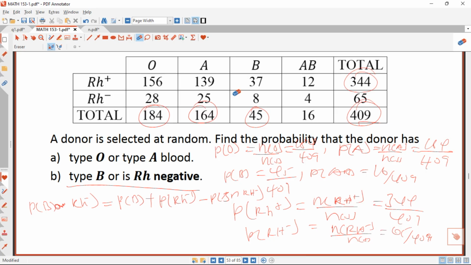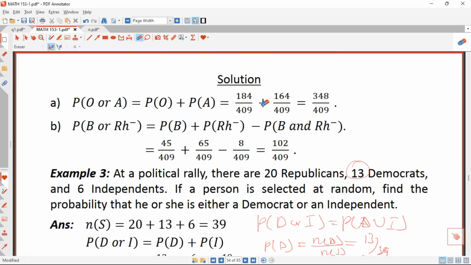So definitely this cannot be a mutually exclusive event, because the probability of B intersect Rh negative is 8. So probability of B or Rh negative can be expressed as probability of B plus probability of Rh negative minus probability of B and Rh negative.